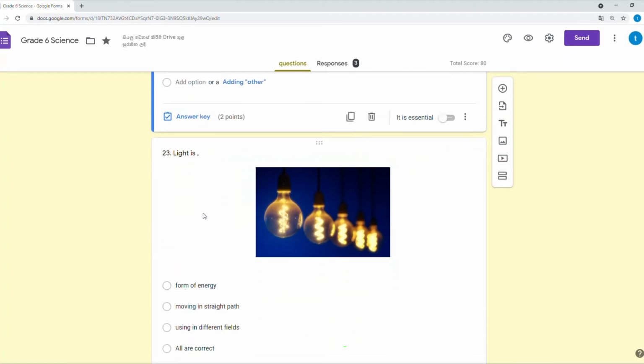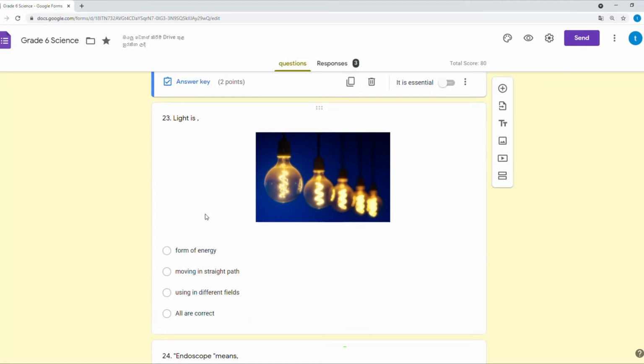Now the 23rd. Actually, light is a form of energy, a very useful form of energy. So the first one, form of energy, is it correct? Then check the others also. Moving in a straight path. Yes, that's one property of light. That's why you represent the ray of light using a straight line with an arrowhead. Light is used in different fields.